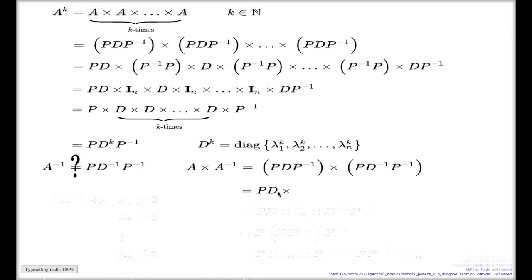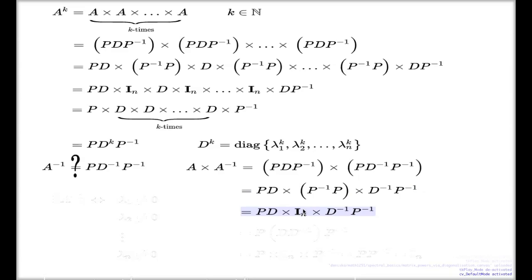Here we go. P and D, these first 2 factors I just copy. Then I combine together P inverse and P in the middle. And D inverse, P inverse, I copy again, like this. This block is the identity matrix, like this. Identity can be dropped from the matrix multiplication. And we have another inner block, D and D inverse, which again is an identity matrix.